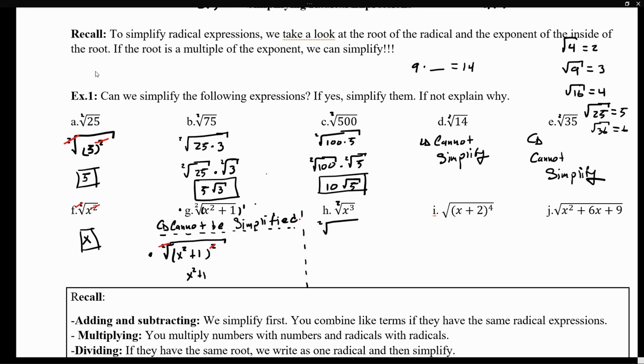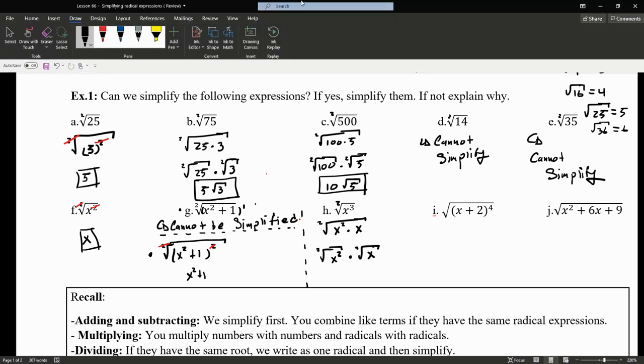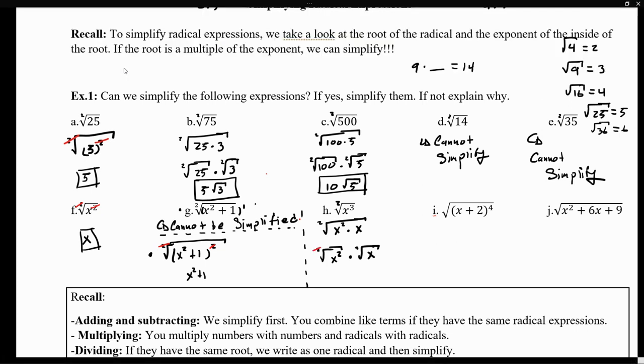Notice that x to the third is equivalent to x to the second times x, because the rule of exponents says that if you multiply, the exponents add up. Now if we write it this way and use the same rules that we did in the initial examples, this is equivalent to the square root of x squared times the square root of x. And now notice that the root is going to cancel out with the exponent. If we follow this through, this just becomes x times the square root of x.